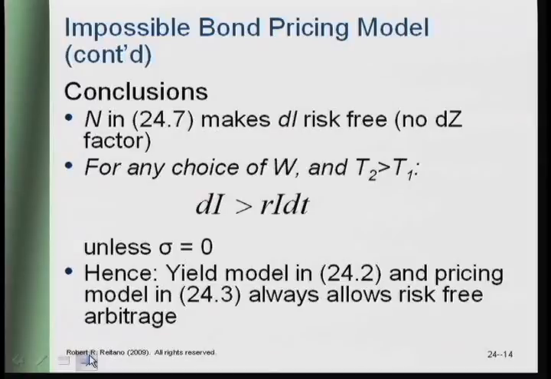Because if you recall, the whole basis of option pricing is that we can price options because we can replicate them. And because we can replicate them, it must be the case that the price of the option is the same as the price of the replicating portfolio. Why is that? Because the market doesn't allow arbitrage.